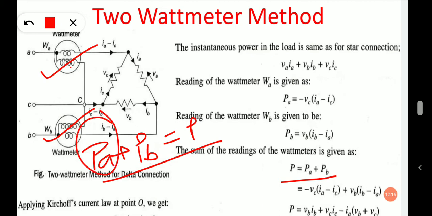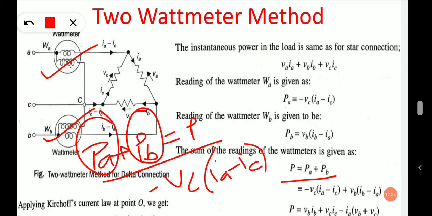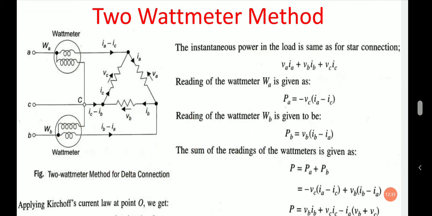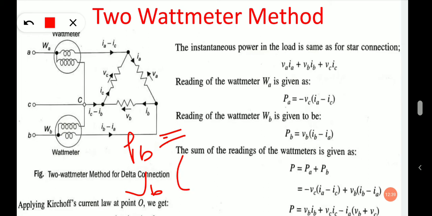So we substitute the values of PA and PB: for PA it is minus VC times (IA minus IC), and for PB it is VB times (IB minus IA).